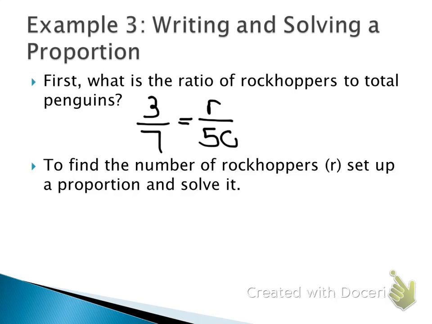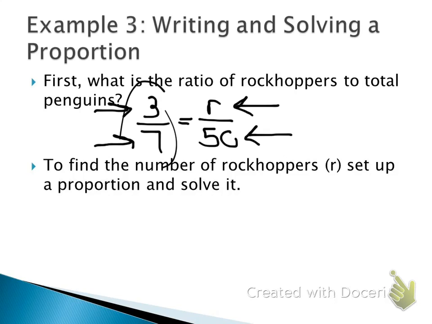Am I comparing the same unit? No, I'm not. Because here I'm comparing rockhopper to African, right? Here I'm comparing rockhopper to total penguins. So I'm not comparing the same amount on both sides of my proportion. What do I need to do to find the total of my smaller ratio?